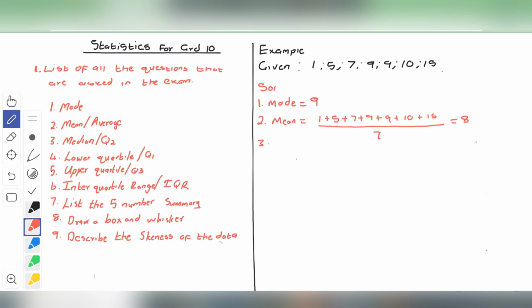So check whether your data set is in ascending order. If you check our numbers, there's no need for us to rearrange them because they are already arranged from the smallest number to the biggest number. So how do we determine the median or Q2?